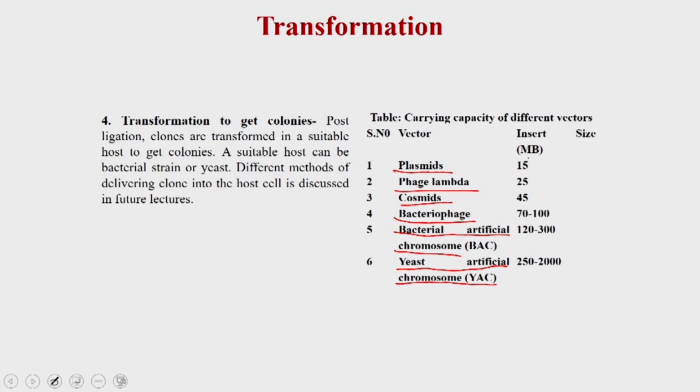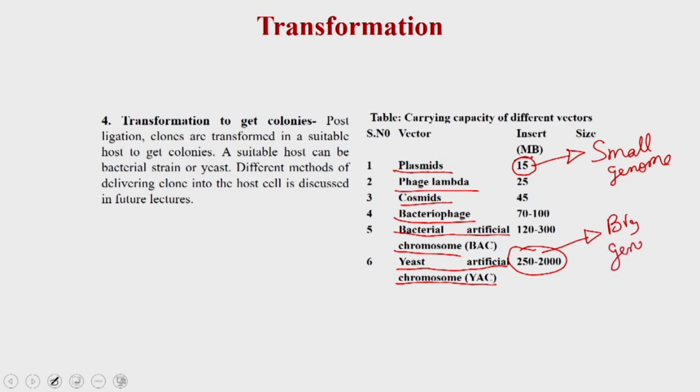For example, in the case of plasmid you have a carrying capacity of 15 MB, whereas in the case of yeast artificial chromosome you have a carrying capacity of 250 to 2000 MB, which means plasmid is good for organisms with a small genome, such as the bacterial genome or some infectious organism, whereas the yeast artificial chromosome is for organisms whose genome size is very big, for example, the human.